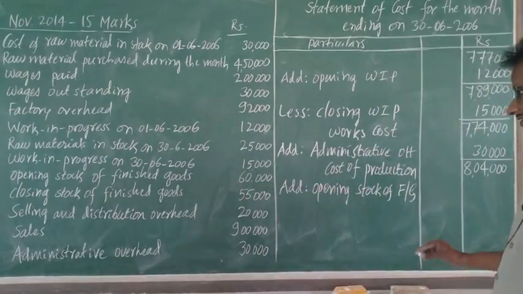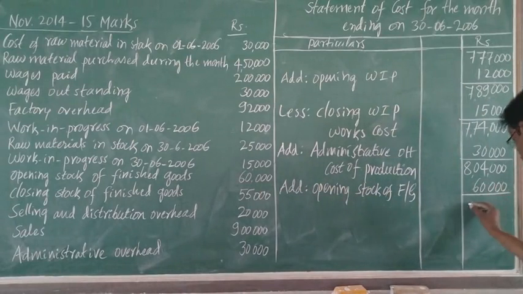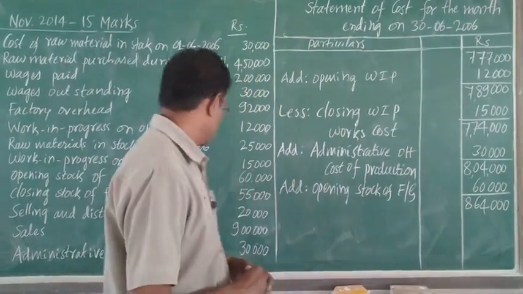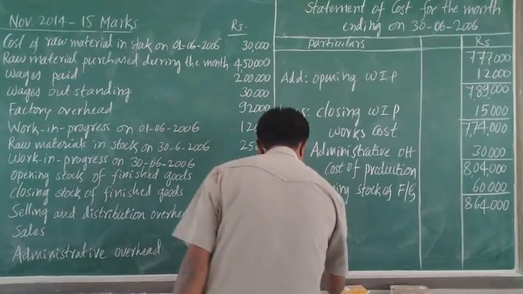Here it is 60,000, and the total is 8 lakh 64,000.